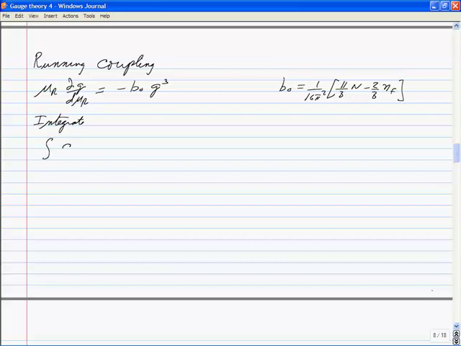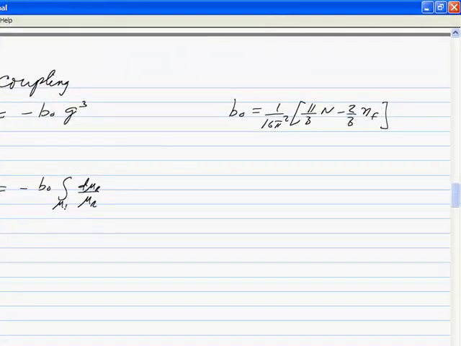Let's integrate dg over g cubed from, let's call it g1 up to g of q squared, just the upper endpoint. I'll just give it that name. That's minus b0, the integral d mu r from mu1 up to q, just again, just the name at this stage.